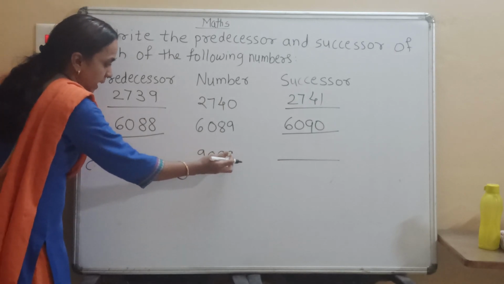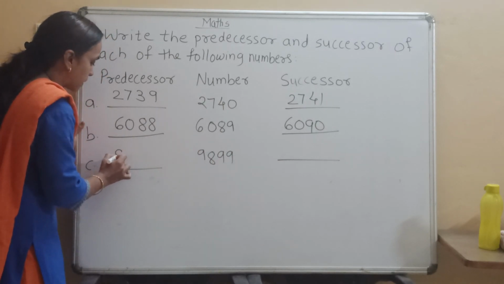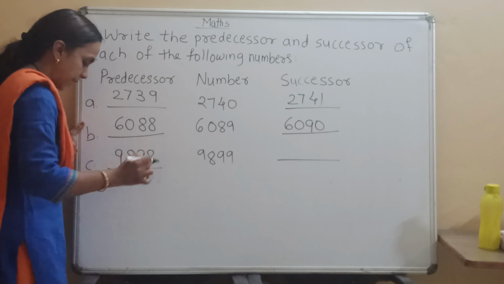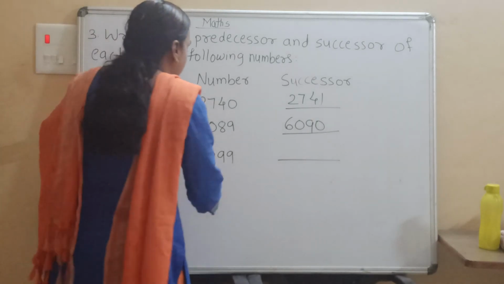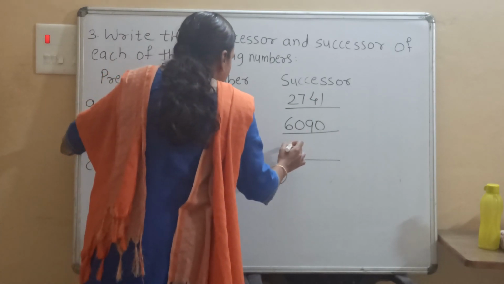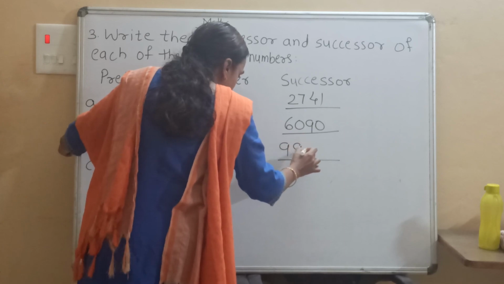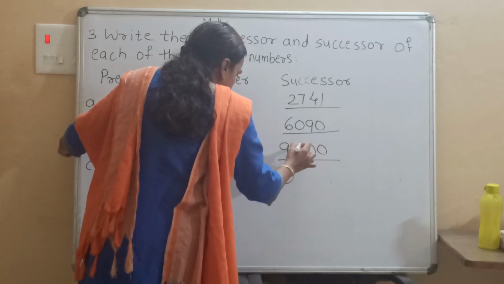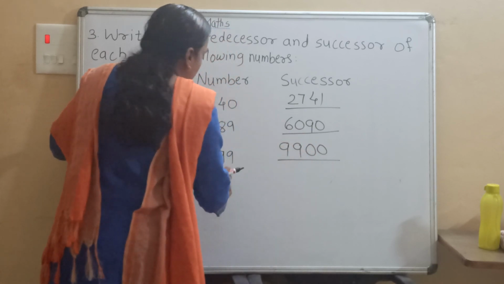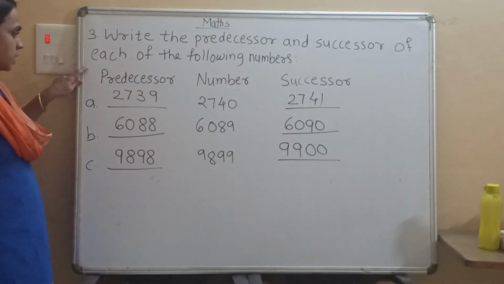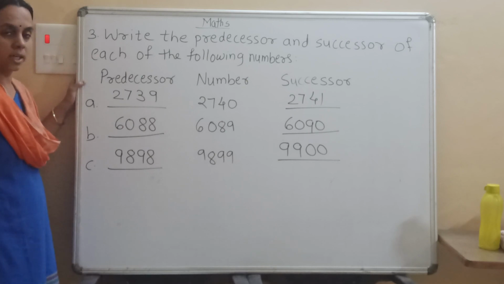So 9899 minus 1, 9898. Okay. And 9899 plus 1 is 9900. So the successor of this number is 9900. So this third question you will write in your textbook.